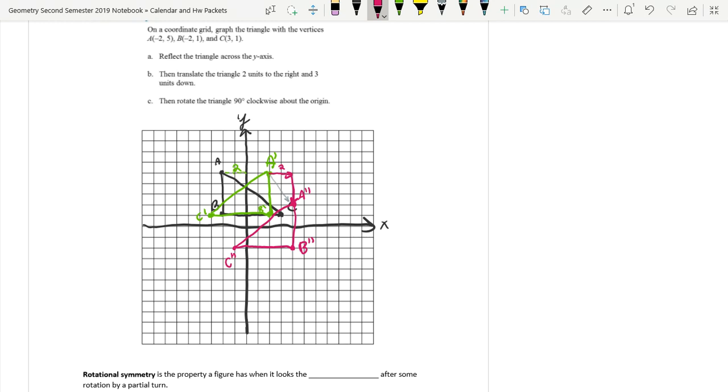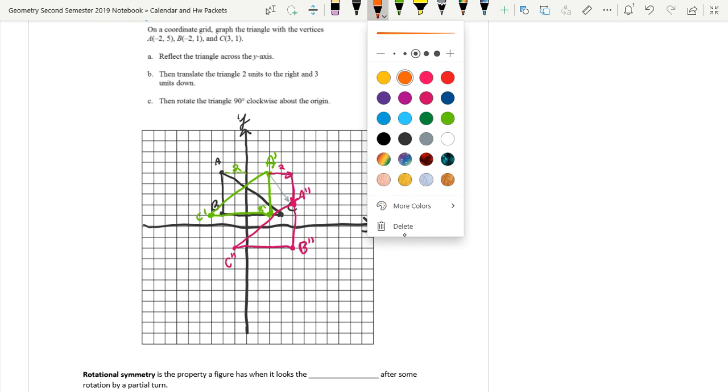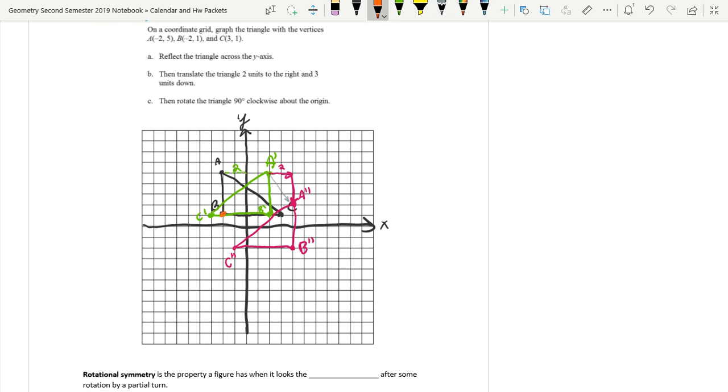So what you'll get when you do that is C triple prime right there. Let's see here, 1, 2, 3, 4, 5. 1, 2, 3, 4, 5. B triple prime. And then A is 4 to the right. And there's your rotation.